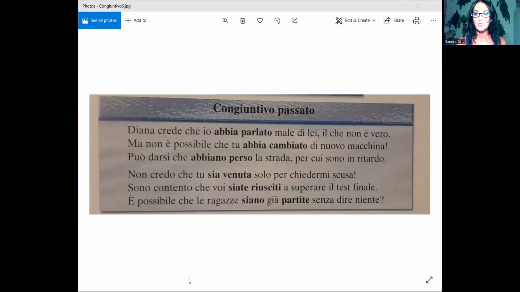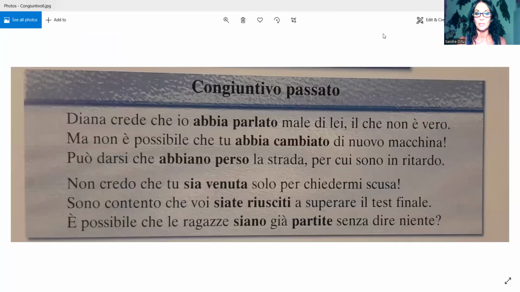Anyway, let's get back to our congiuntivo. As I said in our previous session, we saw presente, the present tense, and today we are going to see congiuntivo passato.